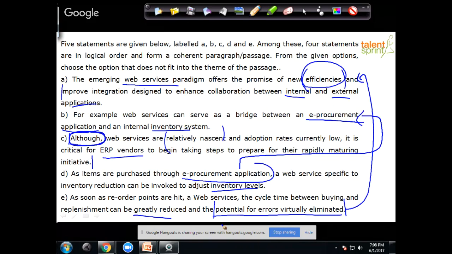And in fact, it's giving you an example of internal and external application as well. Because you're talking about buying items, right? Which is external, and then replenishment, something that has to be done internally. So obviously, the odd one out is C.